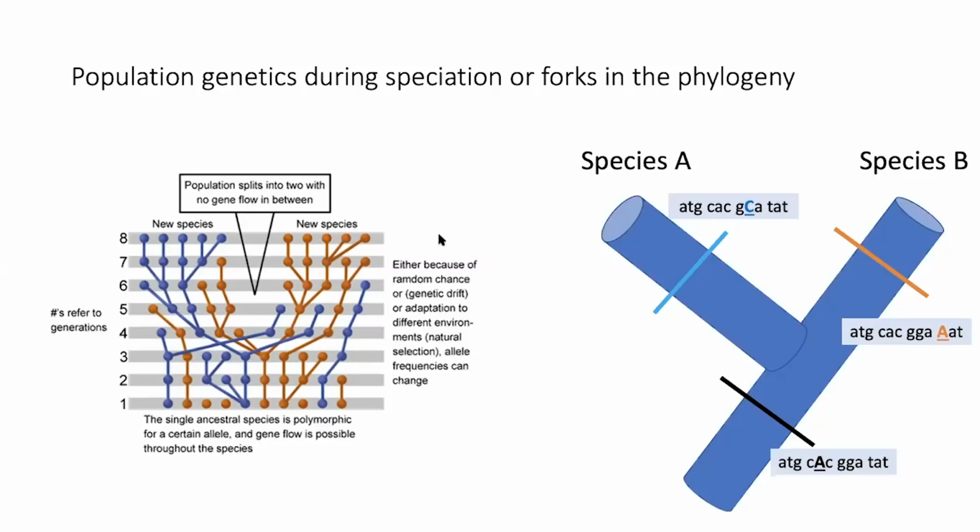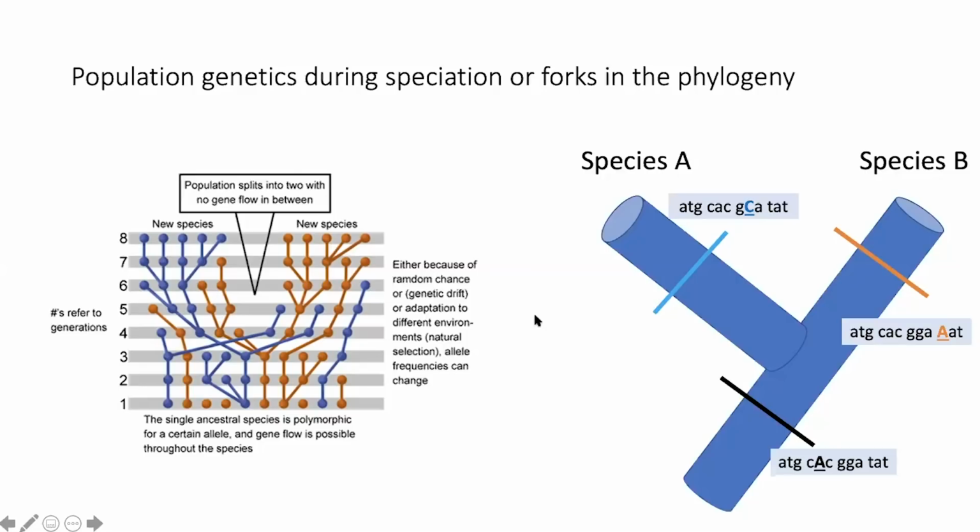Or, the reason why a different mutation fixed in this species than in this species is just that maybe neutral genetic drift was happening, and for random reasons, C got picked here and A got picked over here.